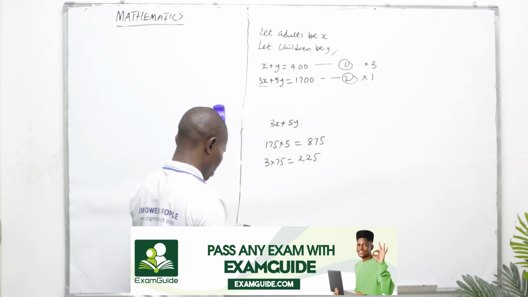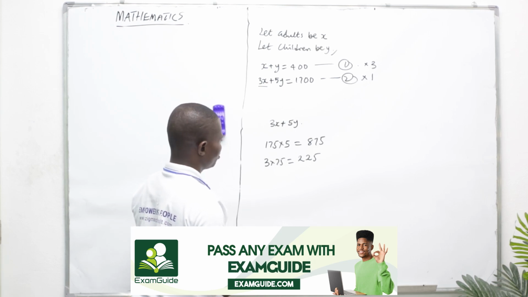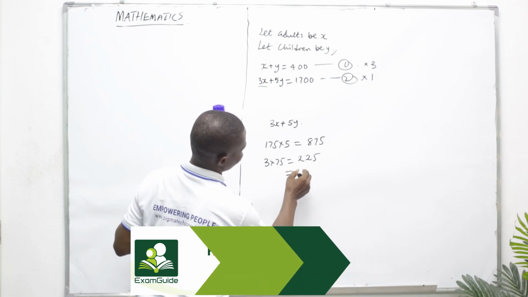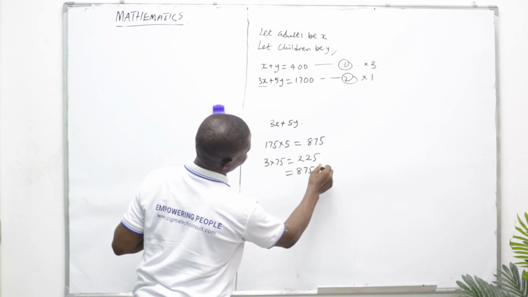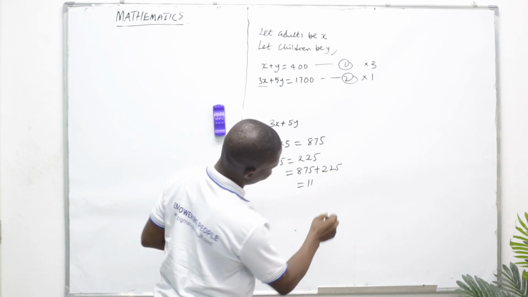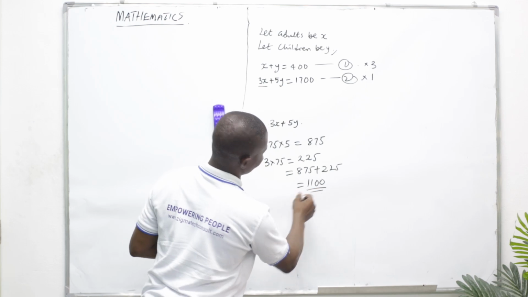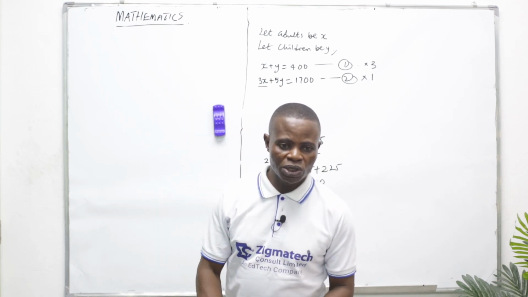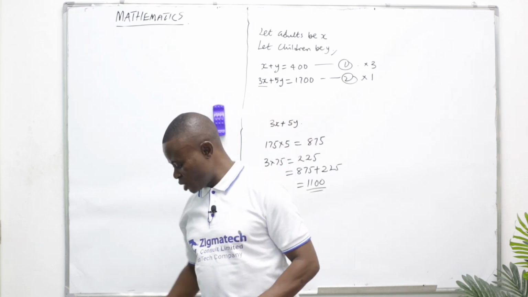Plus 875. The total is 875 plus 225 equals 1,100. So, how much sale did he make altogether?